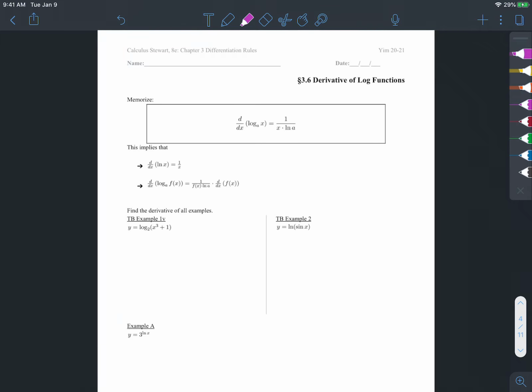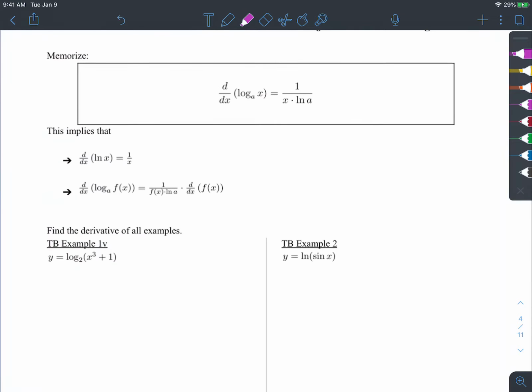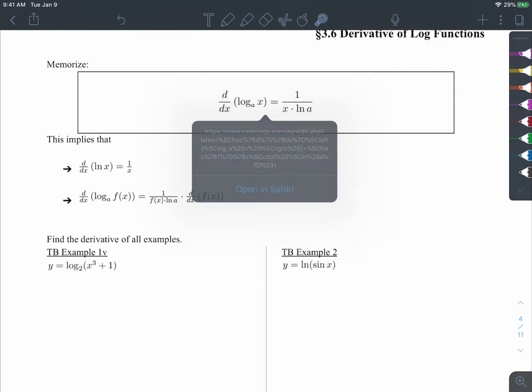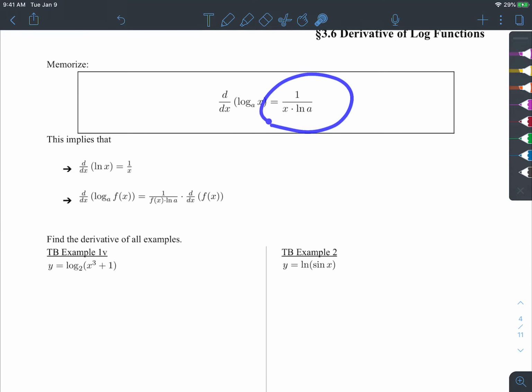So we have a definition of a logarithm of base a with respect to x, and that yields 1 over x times ln of a. The second question of the warm-up will actually lead you to this point, right? Now, looking at this, there's an implication here.